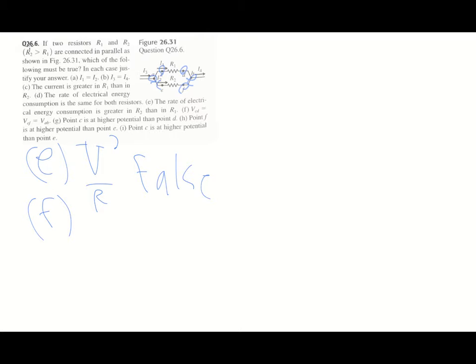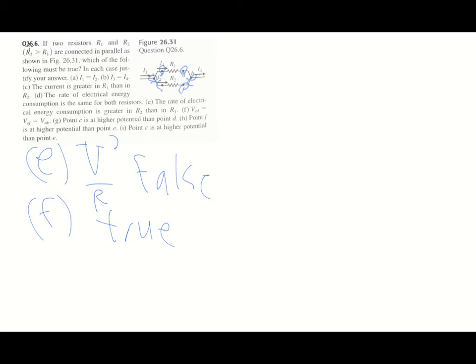I mean, C, D, and E, F are obvious because they're in parallel, but A and B are where those voltage differences come from. There's been no change in electric potential, no resistances to make it change. So those have to be true. So that is true for F.